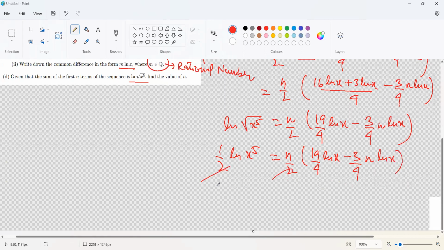Cross multiplying, we have 5 ln x equals 19n ln x upon 4 minus 3 by 4 n square ln x.